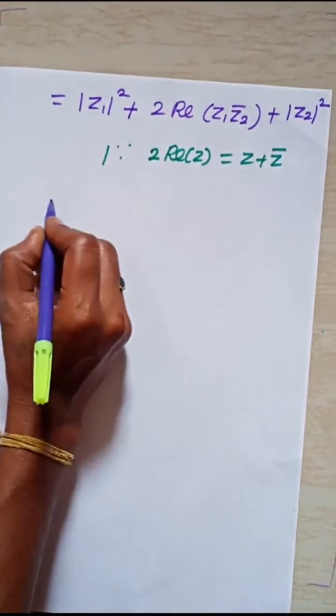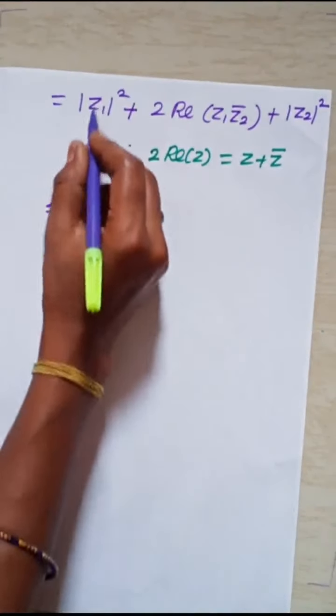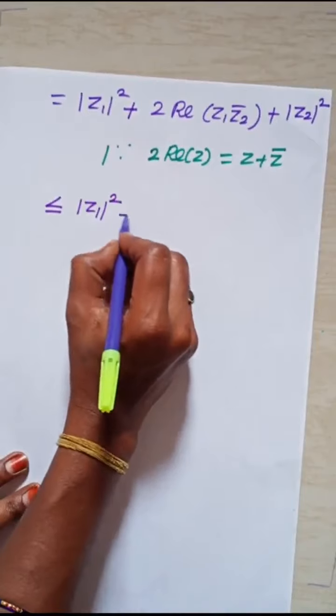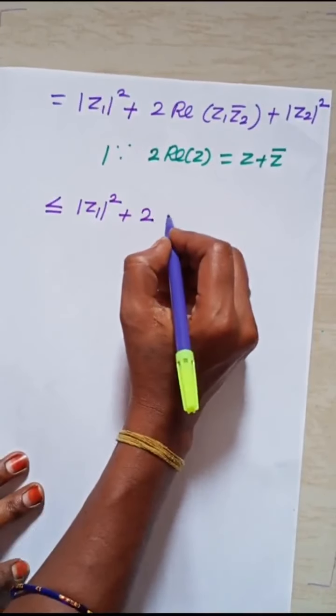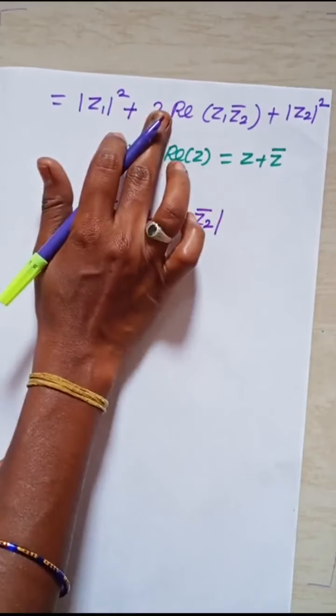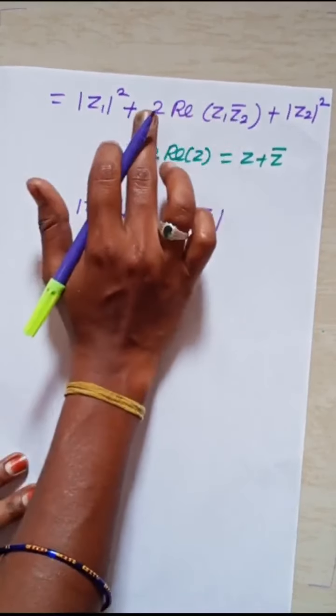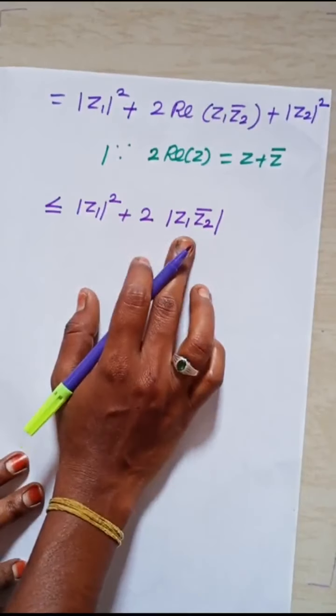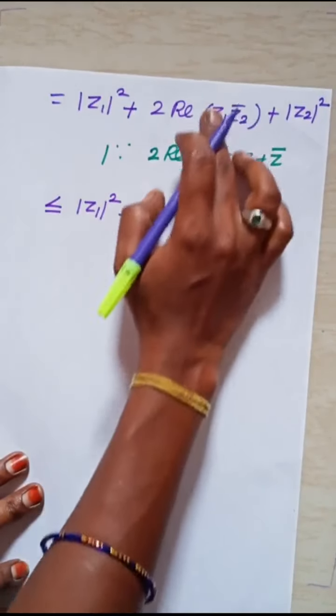Now, which is less than or equal to modulus of z1 square plus 2 into modulus of z1 z2 bar.